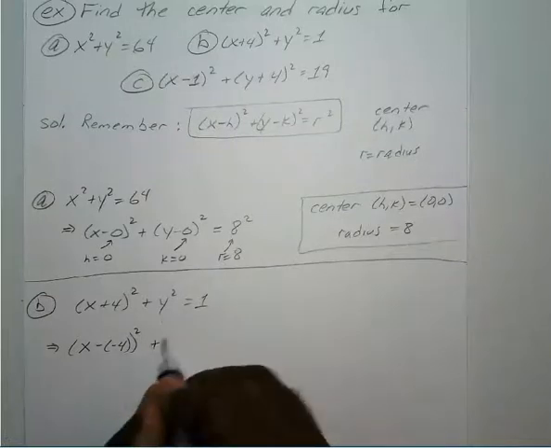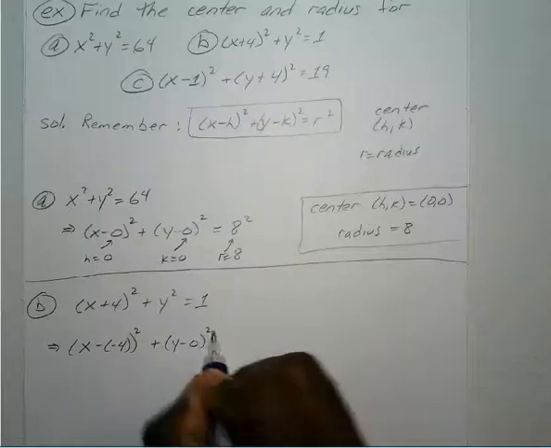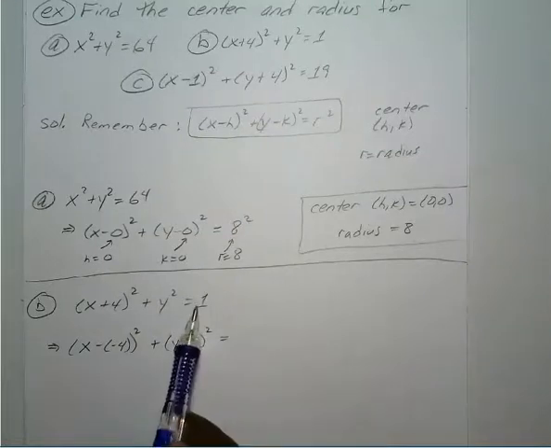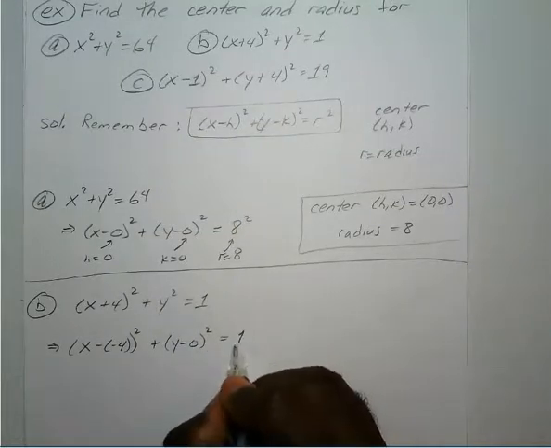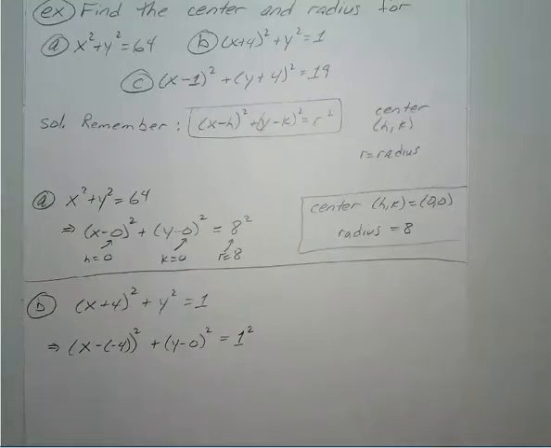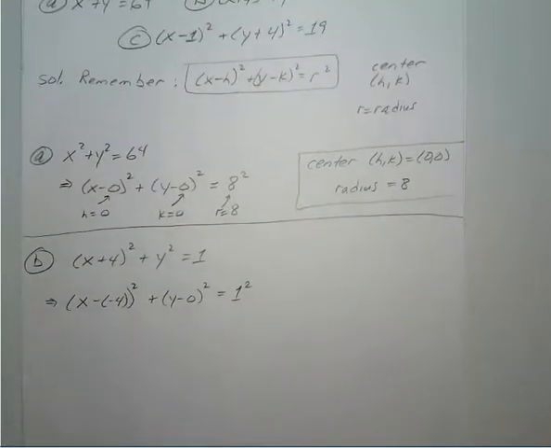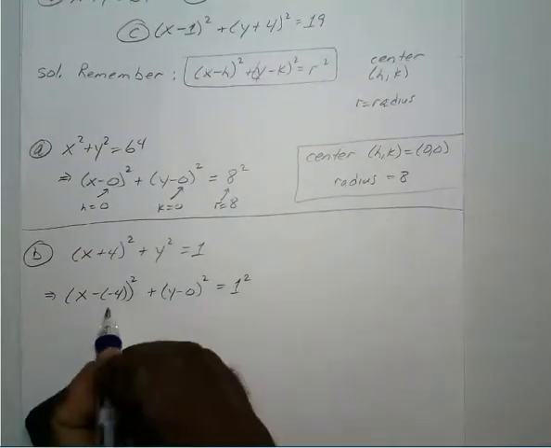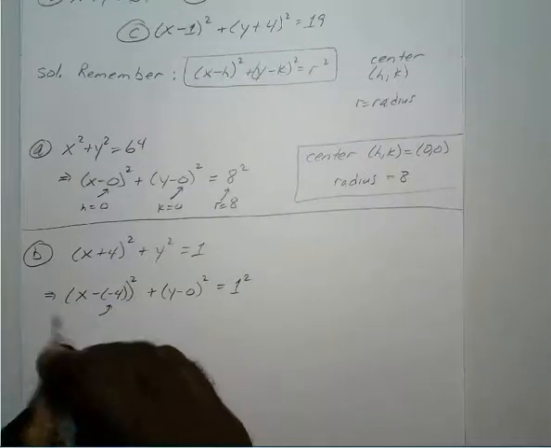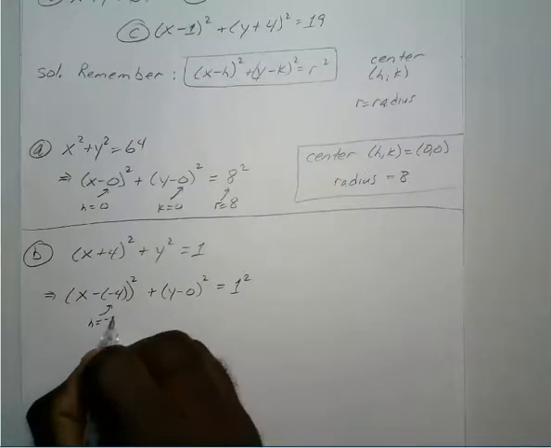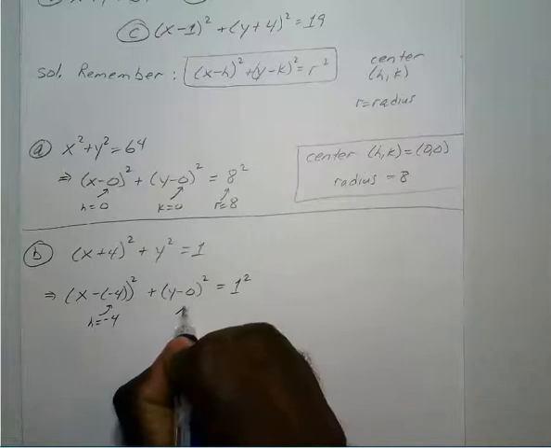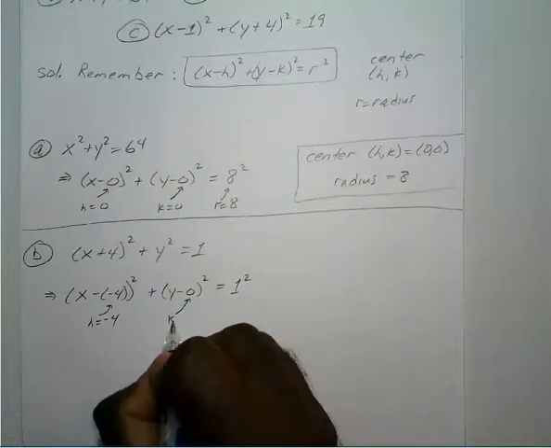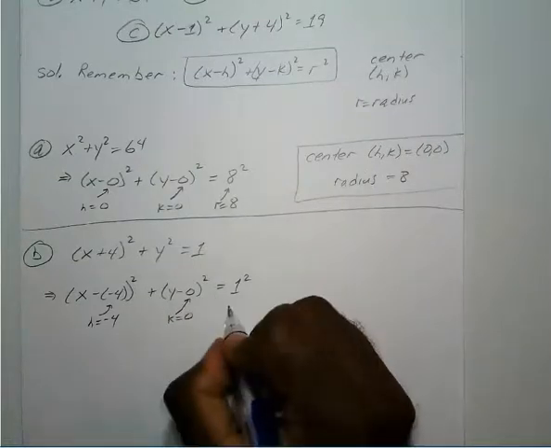Okay, so plus, remember your y squared, that's just y minus 0 squared. And you have 1, you can just make that 1 squared. Okay, so just like before, we know that our h is equal to negative 4. Our k is equal to 0.